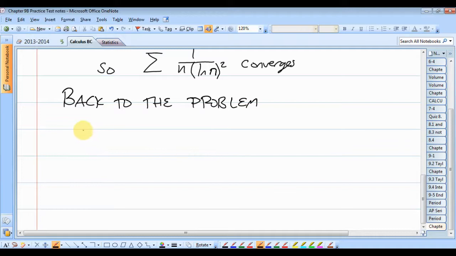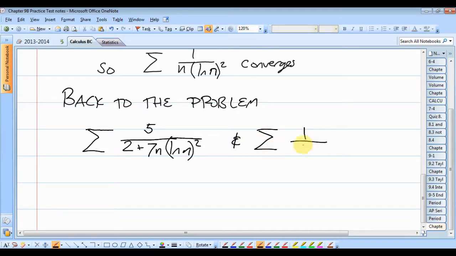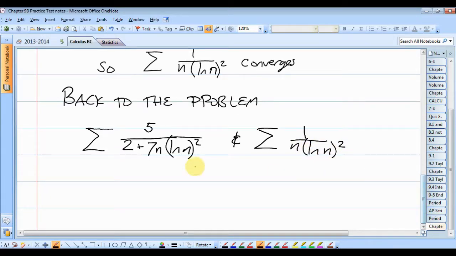Okay, so we have these two series: 5 over 2 plus 7n natural log of n squared, and this series 1 over n natural log of n squared. So we're going to use the limit comparison test.